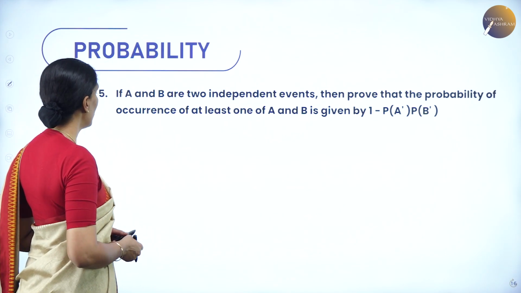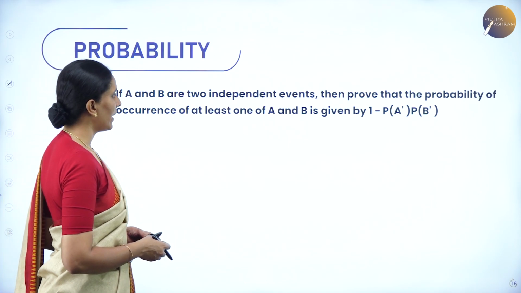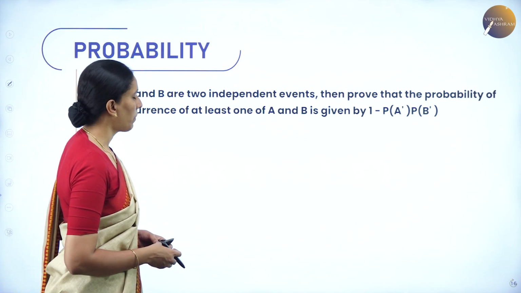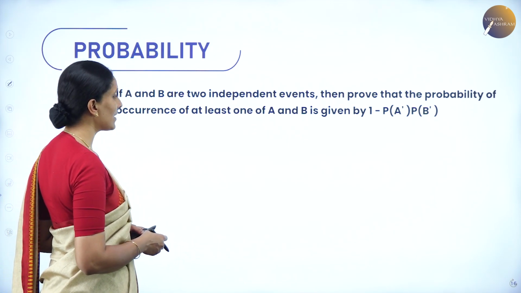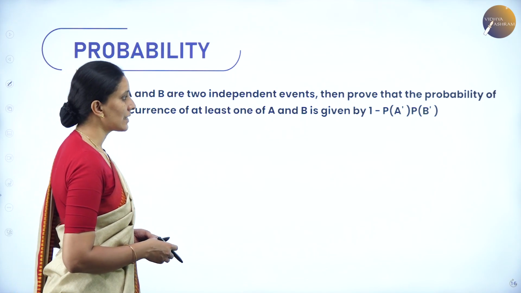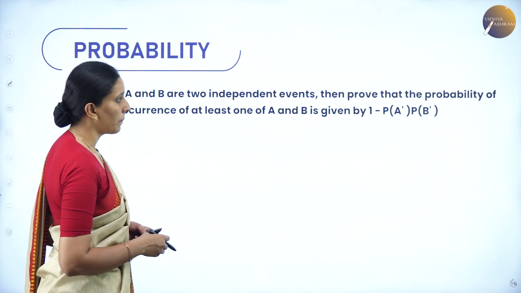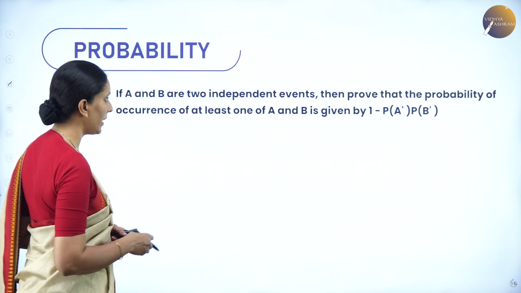Next question. If A and B are two independent events, then prove that the probability of occurrence of at least one of A and B is given by 1 minus P of A dash into P of B dash.